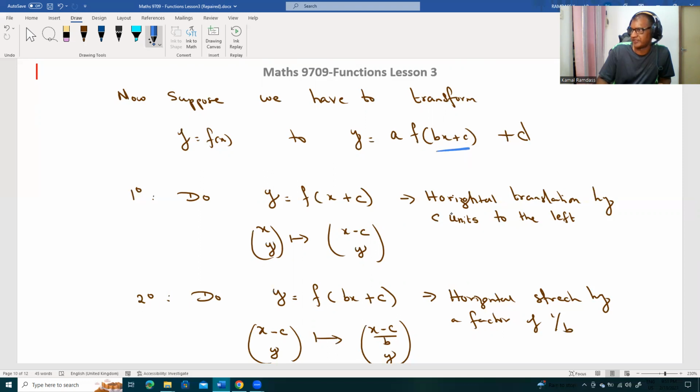Because it is a horizontal transformation, I translate first: a horizontal translation by minus c units.